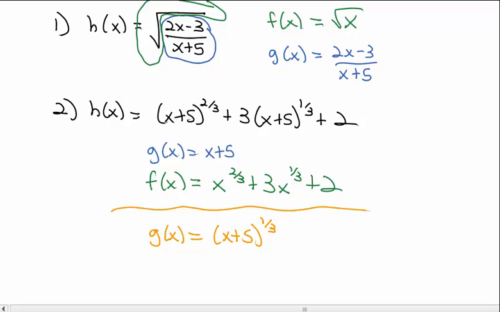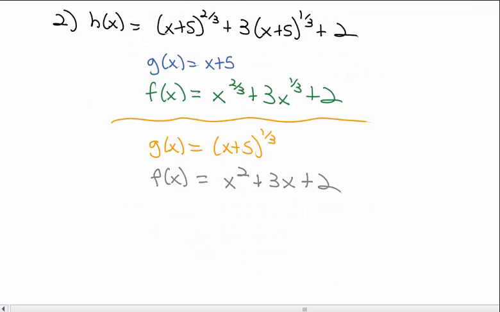This is probably more useful if we're trying to identify quadratic in form, because then the outer function is the x plus 5 to the 1/3, all that stuff squared, plus 3 times that entire stuff, plus 2. Both of these are appropriate decompositions. The second one's probably more useful to us, because if we can see the pattern, the composition of the function inside a function, it turns into quadratic in form. That makes it more useful to us to work with.